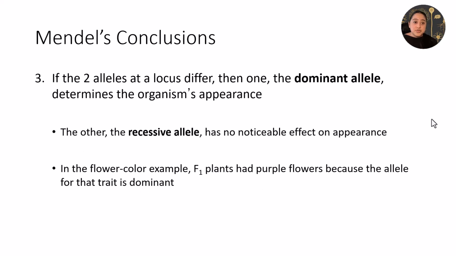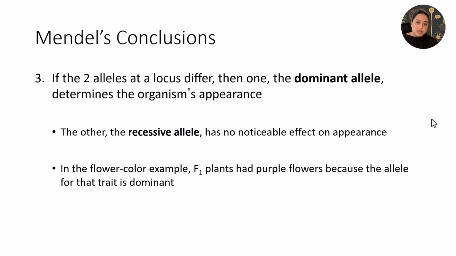So conclusion 3: if the 2 alleles at a locus, or location, are different, then one of them, the dominant allele, determines the organism's appearance. There can be a purple and a white allele, but if one is dominant, that's what's going to determine the appearance, like the purple flower color.